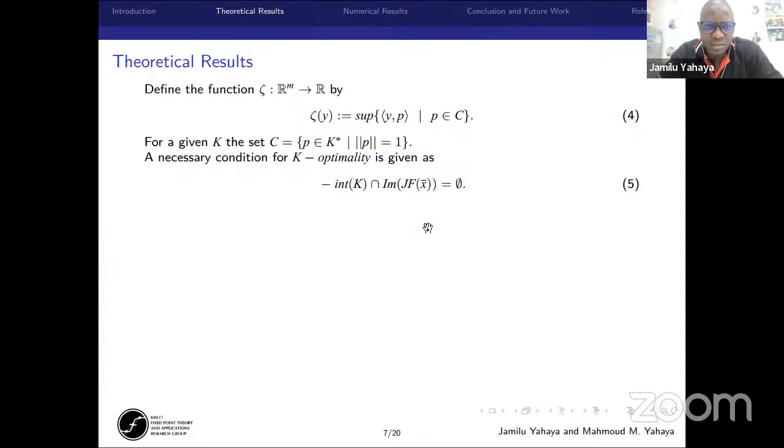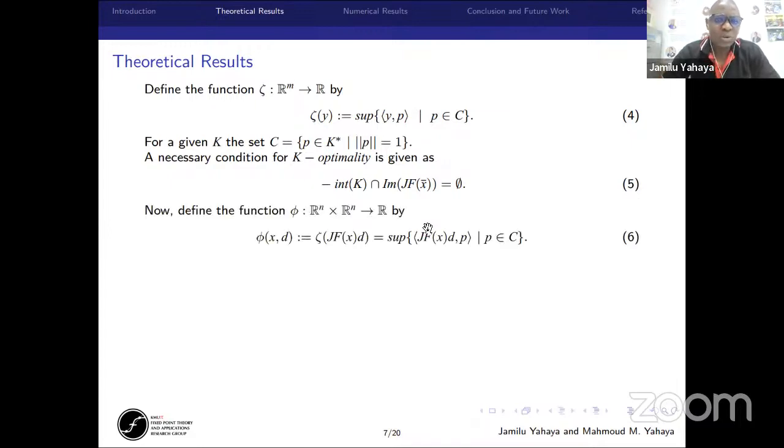But in these settings, if we can show that the negative interior of the cone K intersected with the image of the Jacobian of f at x bar is empty, as you can see in equation 5, then we have what we call the necessary condition. In particular, if this condition 5 is satisfied, then we say that we have a K-critical point. Then we have the solution.